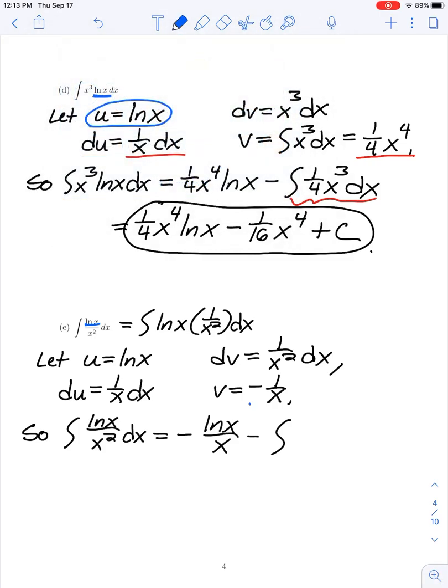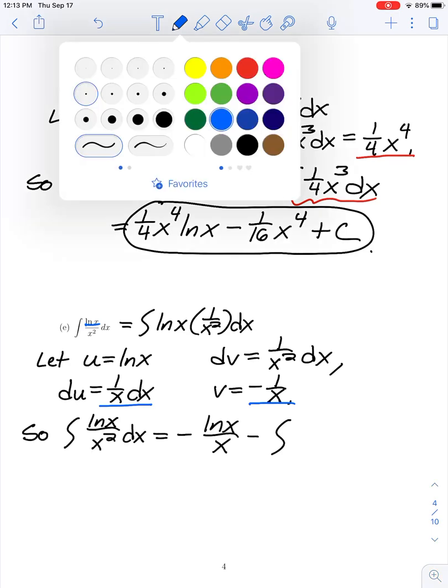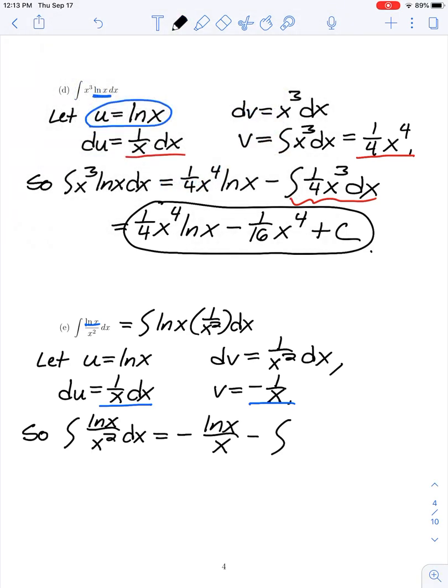So let's look at what we have. For v times du, we would have negative 1 over x squared dx. But remember, we're subtracting the integral of that quantity. So subtracting the negative 1 over x squared, this becomes plus the integral of 1 over x squared dx.